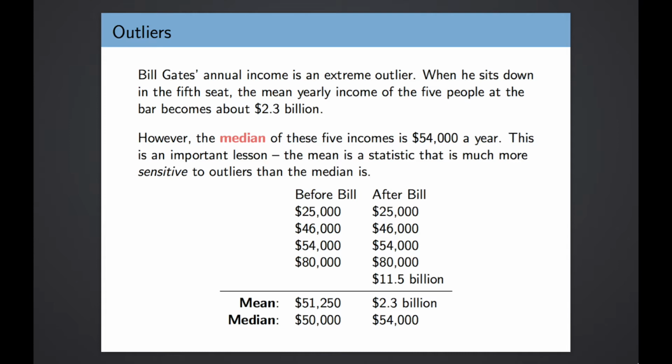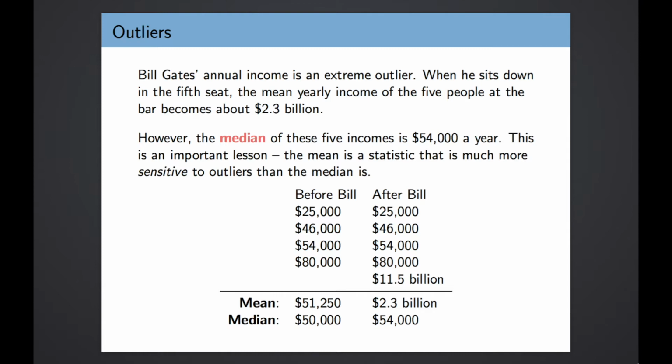Unfortunately, that $2.3 billion a year is not evenly distributed across all 5 people in their sample, much to the chagrin of everyone who is not Bill Gates. What this tells us is that the mean is really sensitive to outliers. But another measure for capturing the middle of a distribution, the median, is not sensitive to outliers.